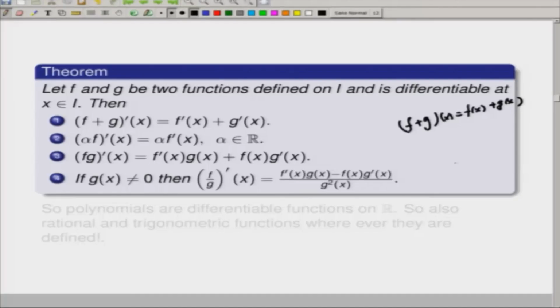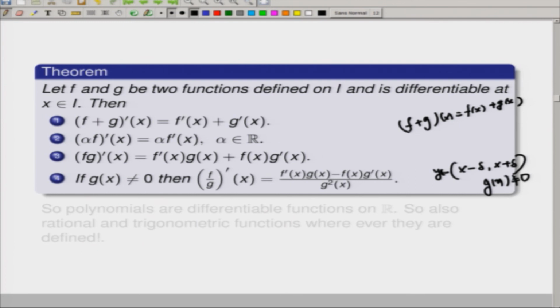If g of x is not equal to 0, it is either a positive or negative value, and then there will be a neighborhood around x in which g keeps its sign. So, since g is continuous and g of x is not equal to 0, I can find some delta such that in x minus delta to x plus delta, g of y is not equal to 0. Now, in this neighborhood I can define f by g.